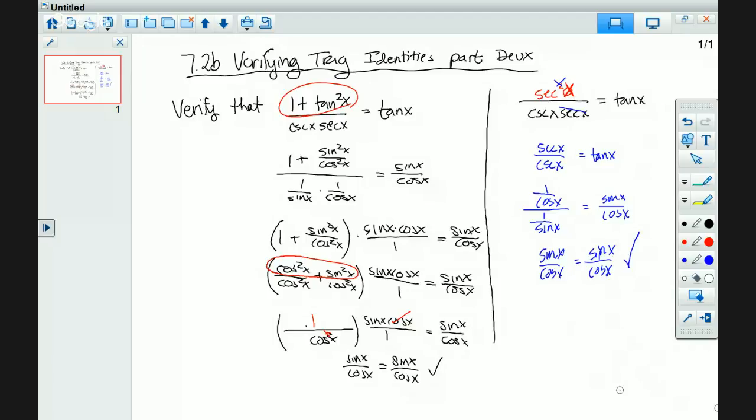Okay. So what tips did we use here? We used convert to sine and cosine. Okay. We used fraction math. And what was the other tip I was just thinking?